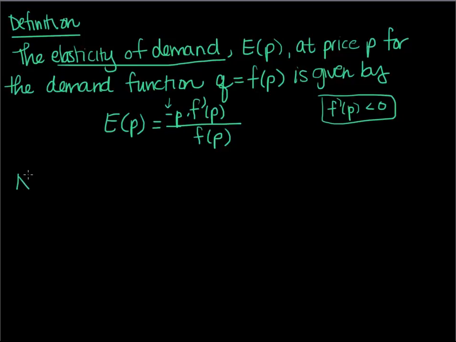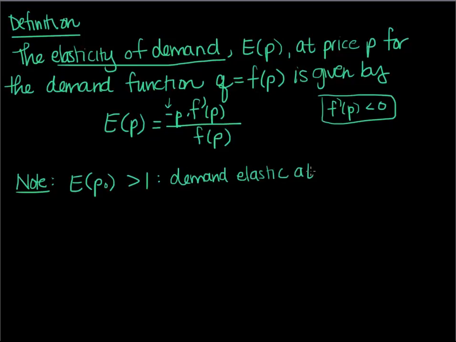So a couple of notes about this definition, and then I'm going to stop this video and begin another one. If I take E at some price point, we'll call it P naught, and if it is greater than 1, what we say is that the demand is what we call elastic at that price point, and we'll talk about what that means.